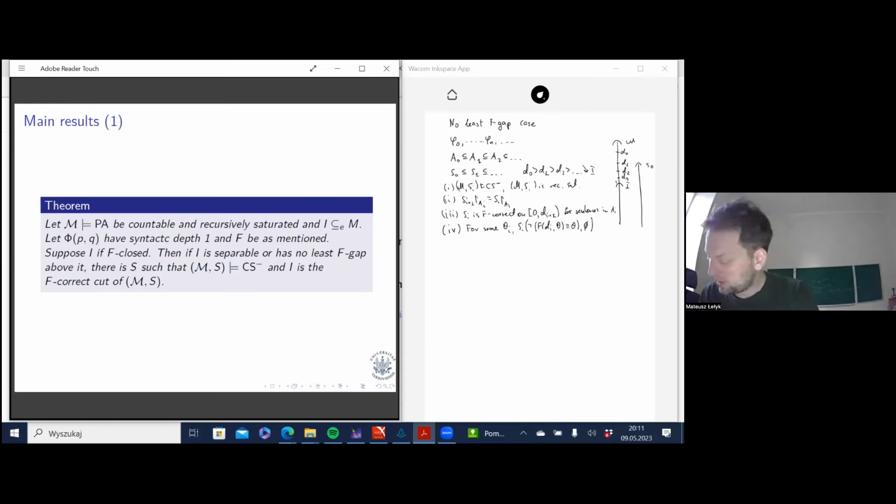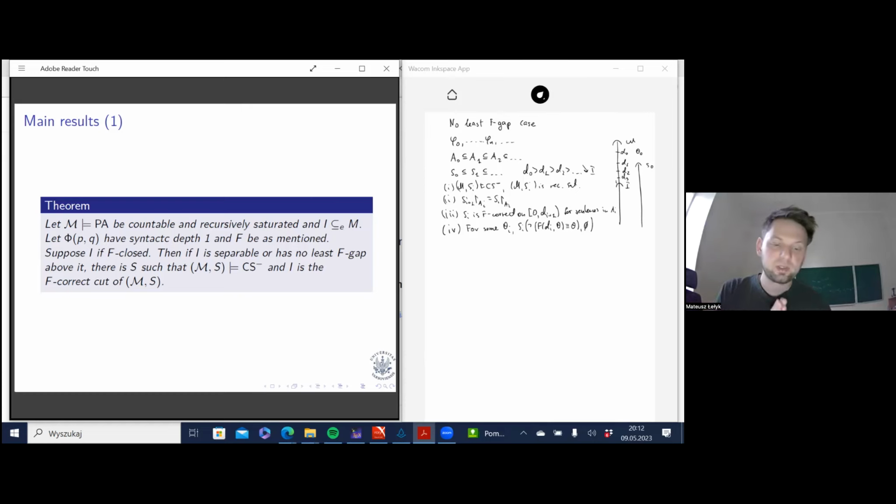So in particular, for this D0, we shall find theta 0 such that S0 behaves incorrectly on theta 0 with respect to disjunctions of length D0, and the no least F gap assumption is needed to assume that we can find enough space between D0 and D1 and between each consecutive numbers.